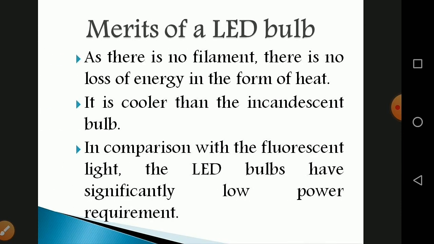And then the merits of an LED bulb. There is no filament in an LED bulb, and there is no loss of energy in the form of heat, so it is cooler than the incandescent bulb.